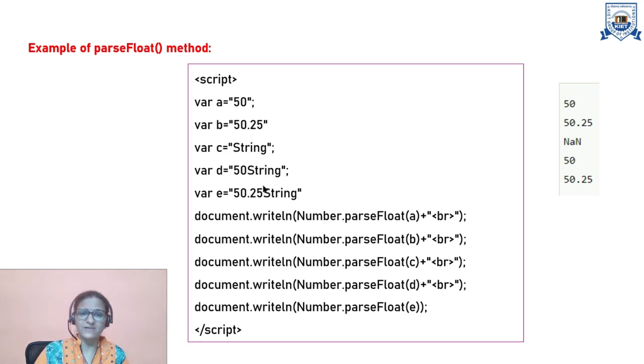Now from this combination, 50 string, it will take out the numeric value. It is 50, so it will display in this form. 50.25 is again a combination, so it will retrieve it in the form of 50.25. This is the function of parsing.